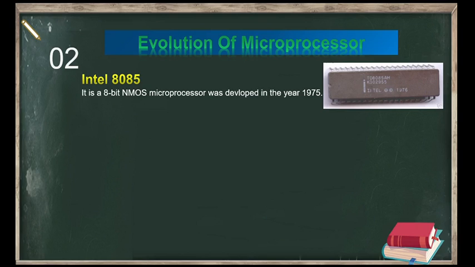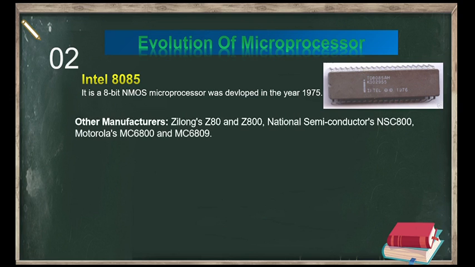It is still used in the laboratory for students' training. 8-bit microprocessors of other companies are Zilog's Z80 and Z800, National Semiconductor's NSC 800, Motorola's MC6800 and MC6809, etc. 8-bit microprocessors and 8-bit microcontrollers are widely used in instrumentations, industrial control applications, etc. Some powerful 8-bit microprocessors were used in small general-purpose computers.